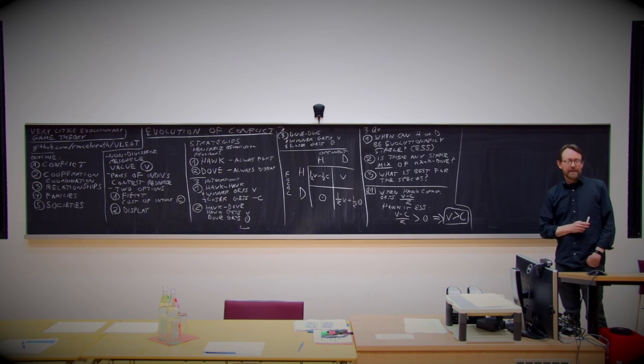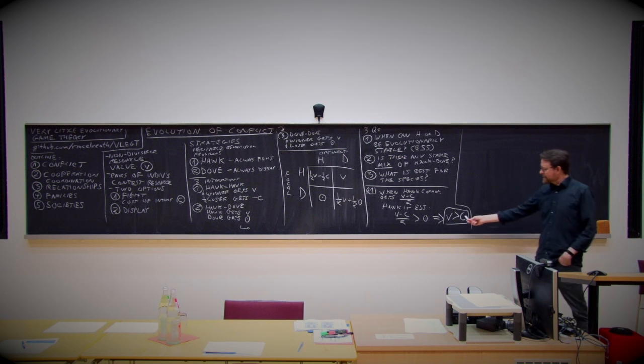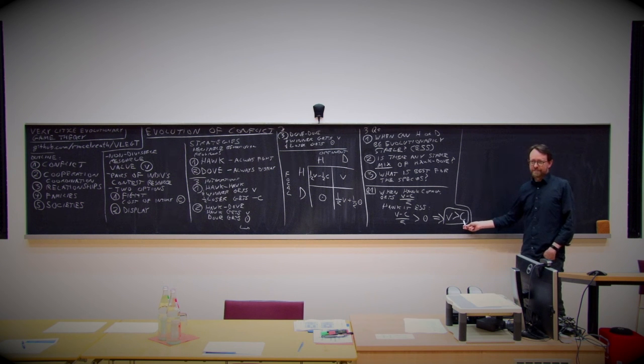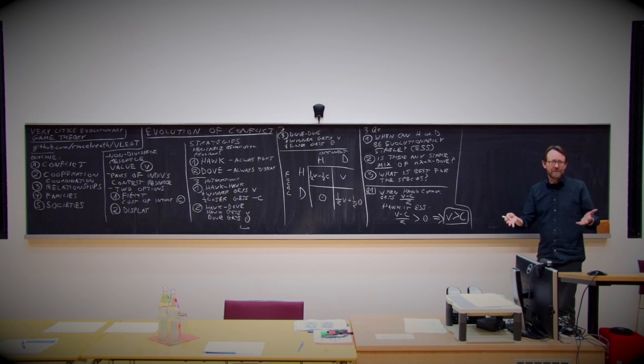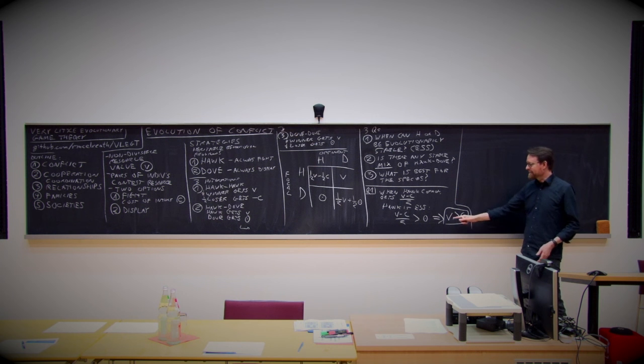Make sense? We also need to consider, if this is not true, if your natural weaponry is quite dangerous, like a house cat. Remember, house cats have claws that are the length of their feet. They just don't usually extend them. They're monsters, tiny little monsters. And so C is large in the domestic cat. And in that case, the value of the resource, if it's just something like a food item, is not likely to be larger than the potential cost of injury.